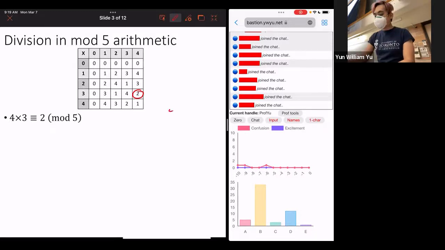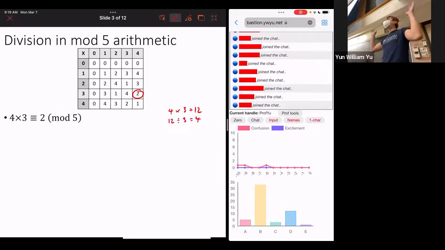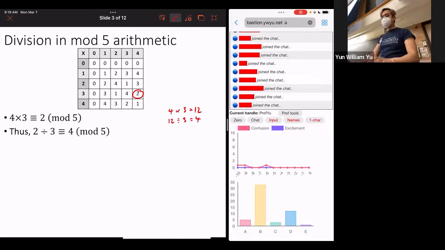And this is sort of like saying 4 times 3 is equal to 12. Well, if we had 4 times 3 is equal to 12, then we'd also have that 12 divided by 3 is equal to 4. And so we can fill in the slots in the same way. So that is to say, 2 divided by 3 is equivalent to 4. Okay, because remember, we don't know anything about fractions.